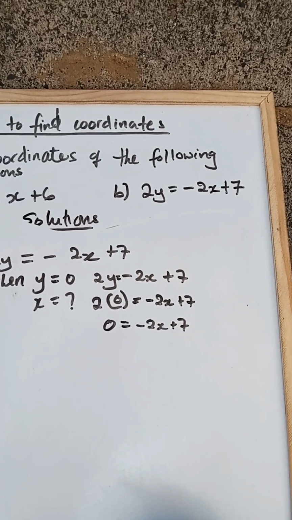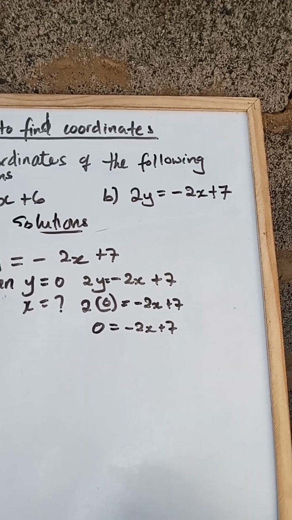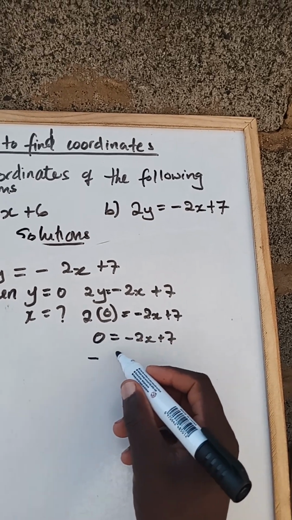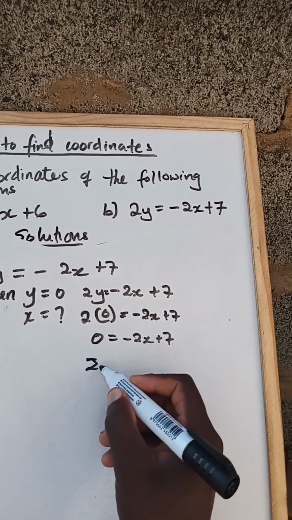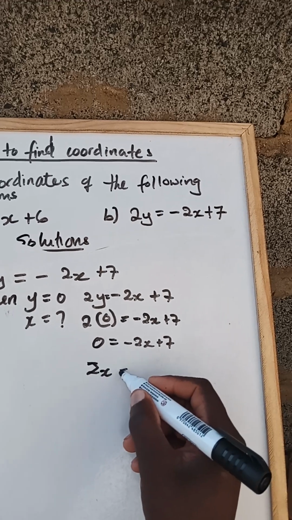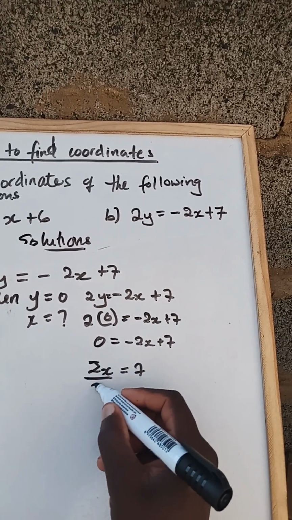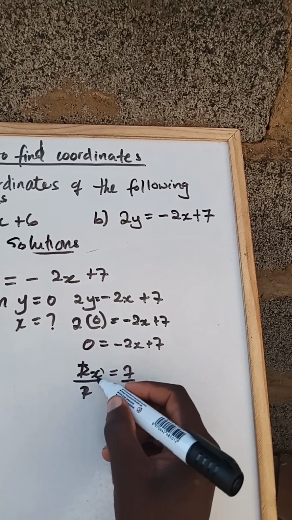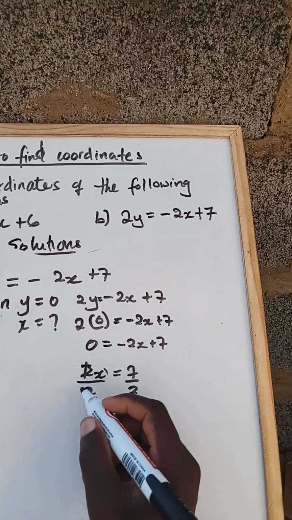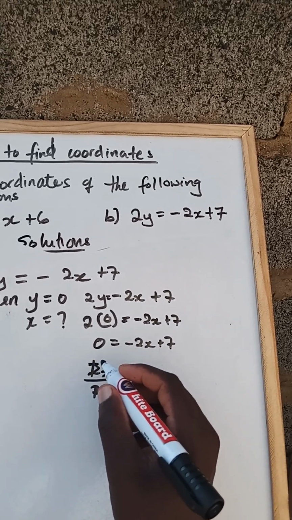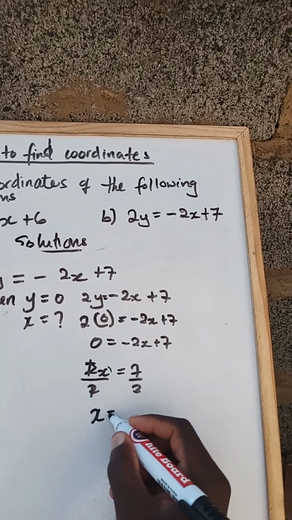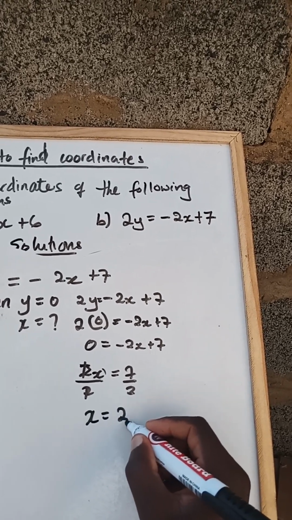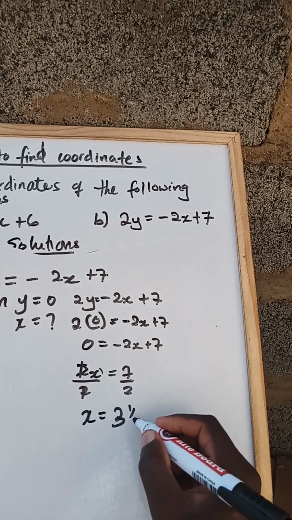Okay, what do we have to do from here? Let me take this negative to this side. It became positive: 2x is equal to 7. We divide both sides by 2 to make x the subject. So x is equal to 7 over 2, which is equal to 3 and a half.